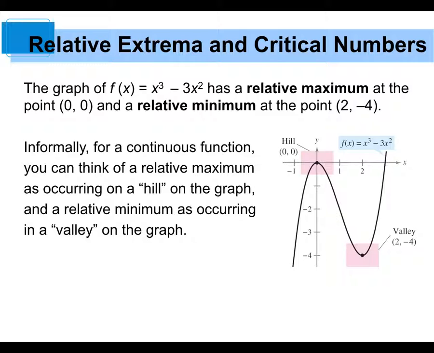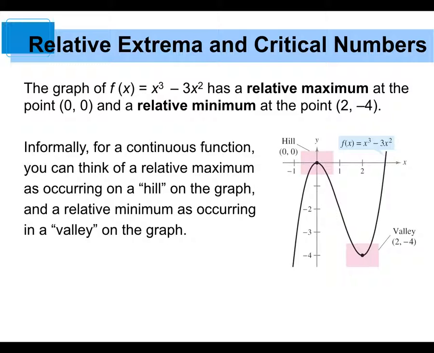Relative max and relative min means the highest point on a small chunk of the graph. So notice if I look at this graph, this point right here we would consider a relative maximum because it's the highest point in that little area. However, if I come all the way over here, these points are higher. So this is a relative max, but not an absolute max. Same thing is true down here.